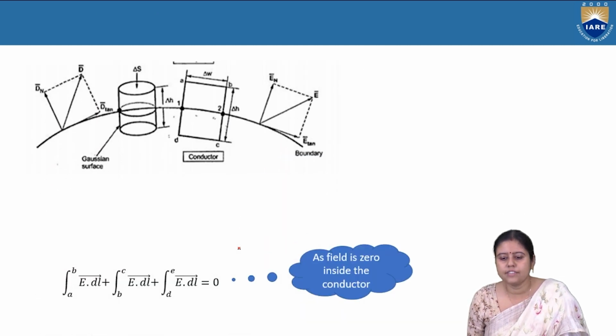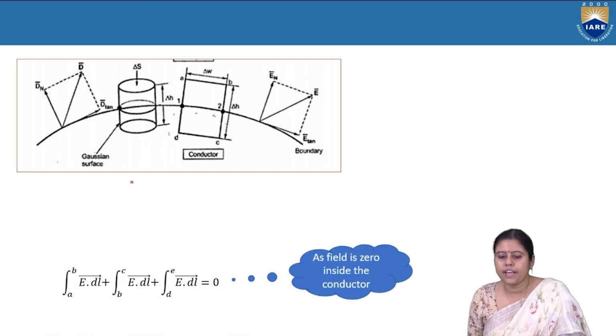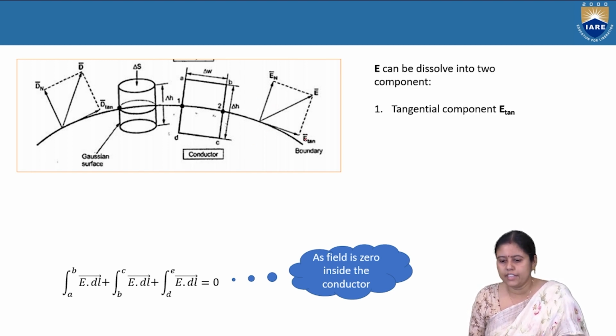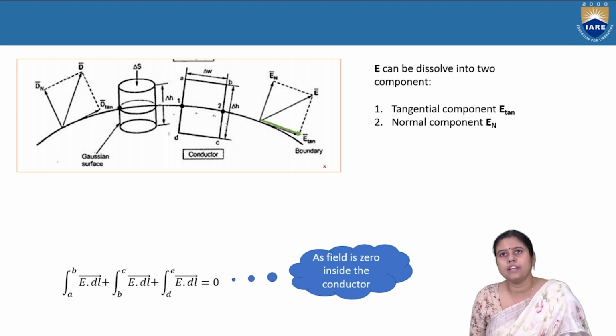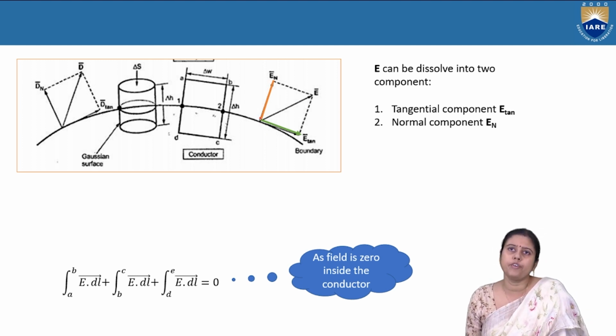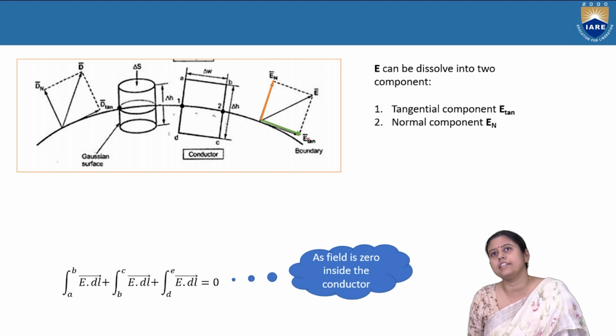If we discuss this, E can be resolved into two parts. One is the tangential part, shown in green color. Another one is the normal part, shown in orange color. So it has two components. Now for the EMF, we can divide the integral into 4 parts.